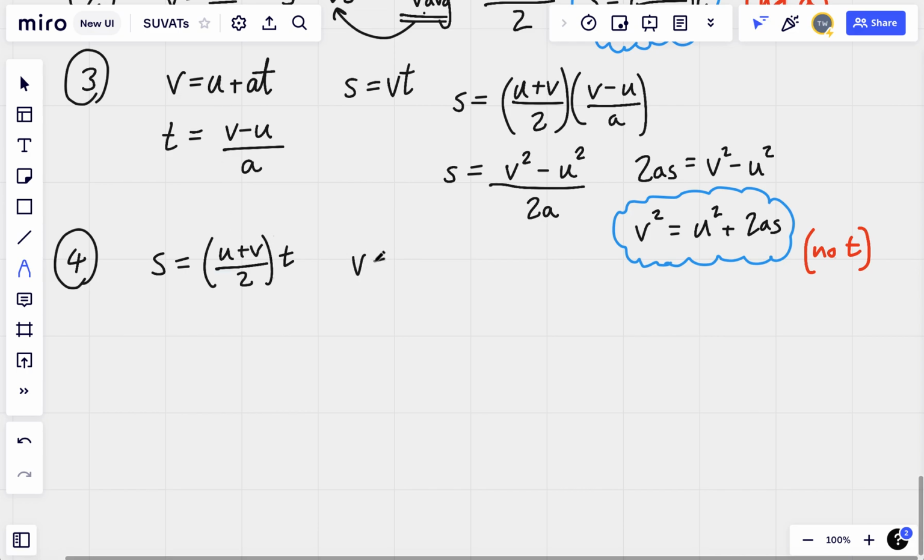So if we think about v equals u plus at, this v and this v are the same. So I'm going to substitute in all of this in place of that v. So I'm going to have s equals (u plus this here, which is u plus at), all over 2, and it's timed by t.